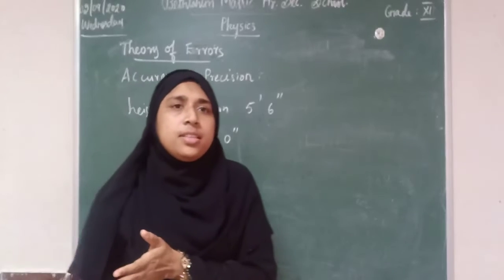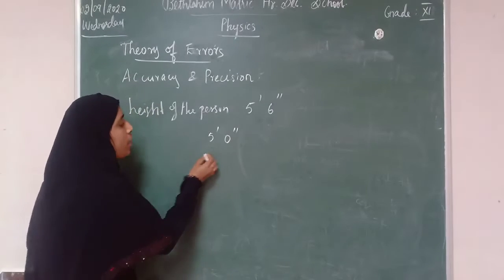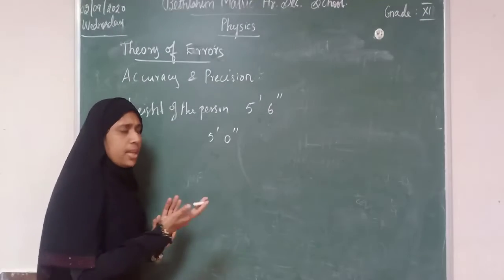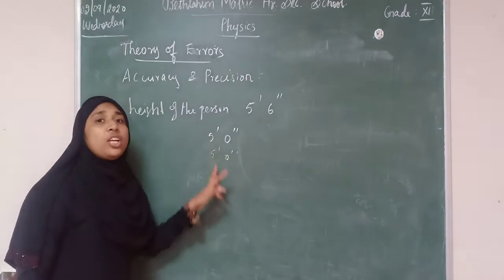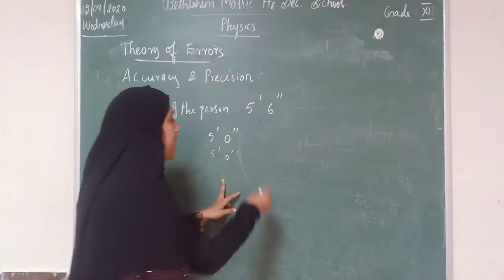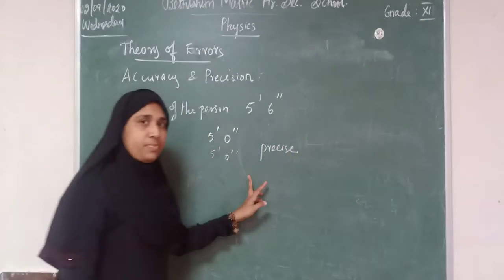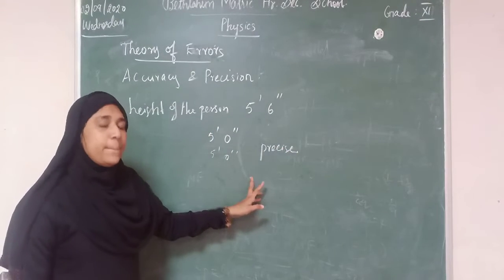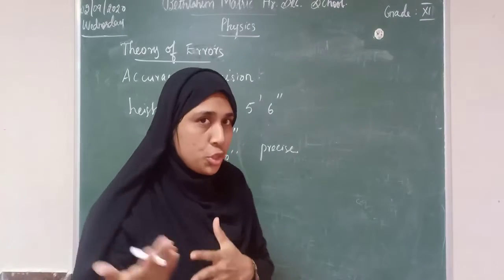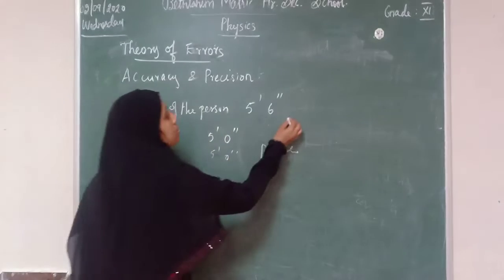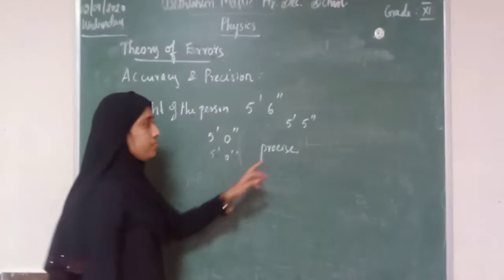Consistently, when we are getting the same value for different trials, for 3 trials we are getting the same 5 feet 0 inches, we can call these precise measurements. These are precise. But when we use a very high resolution instrument, you may get 5 feet 5 inches.